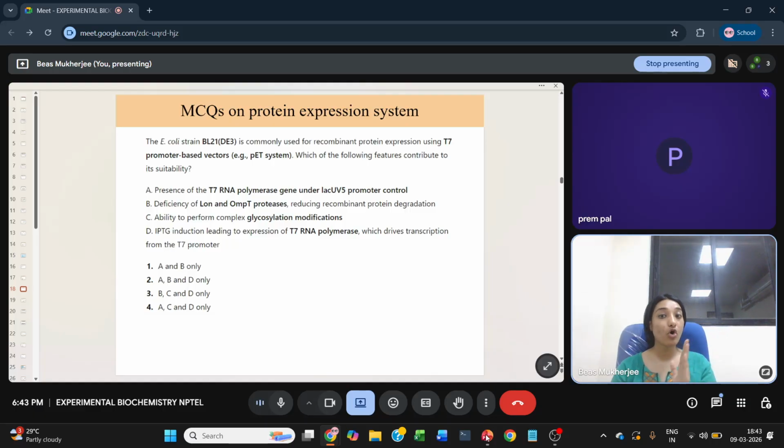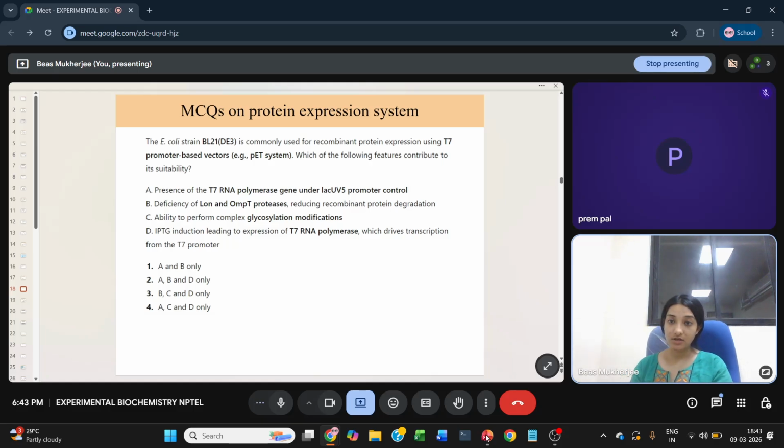B is deficiency of LON and OMP-T proteases reducing the recombinant protein degradation. C is ability to perform glycosylation modifications. D is IPTG induction leading to expression of T7 RNA polymerase, which drives the transcription from T7 promoter.